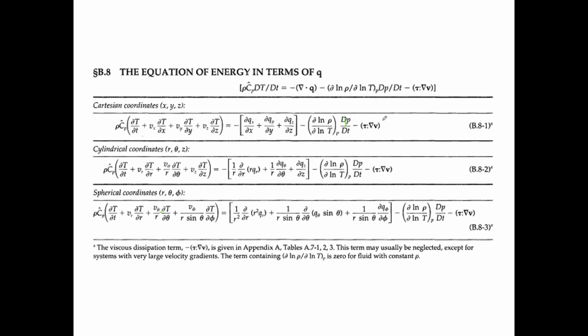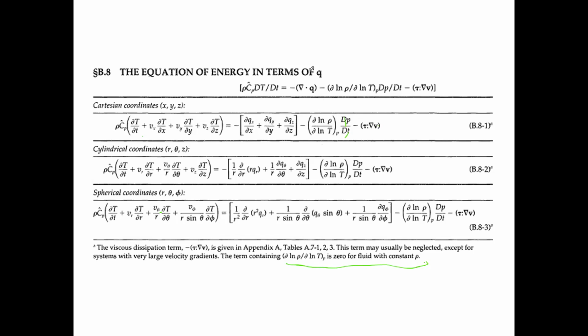Usually it can be neglected except for systems with a very large velocity gradient. Okay, and then this term is equal to 0 for fluids with a constant rho. Okay, and usually in the problems we assume that rho doesn't change too much with temperature, so we can assume this one equal to 0.